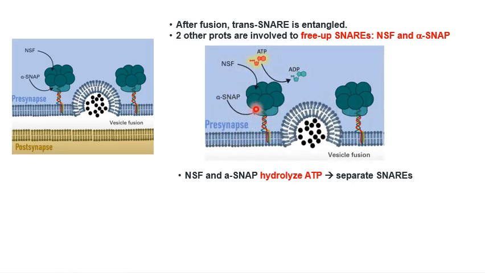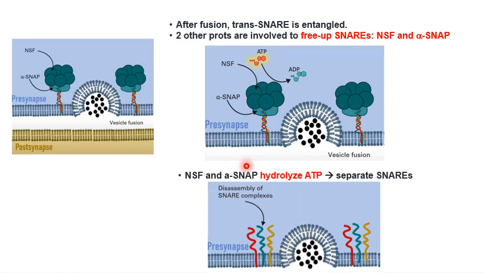So they are going to use energy to break those things apart. They are going to use ATP energy. Okay, after using ATP energy, those spaghetti balls here are going to be pried apart from each other, and they're going to get recycled, right? So to bring those snares away from each other, you do need to use ATP energy.